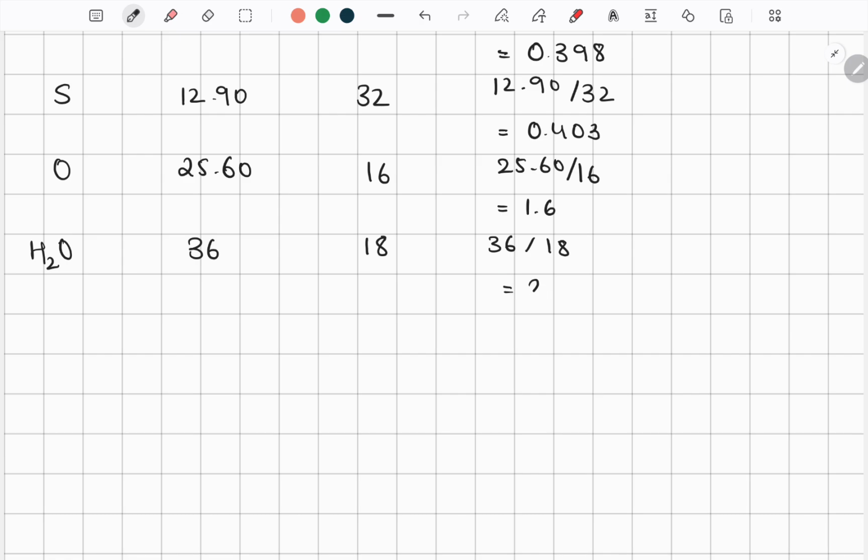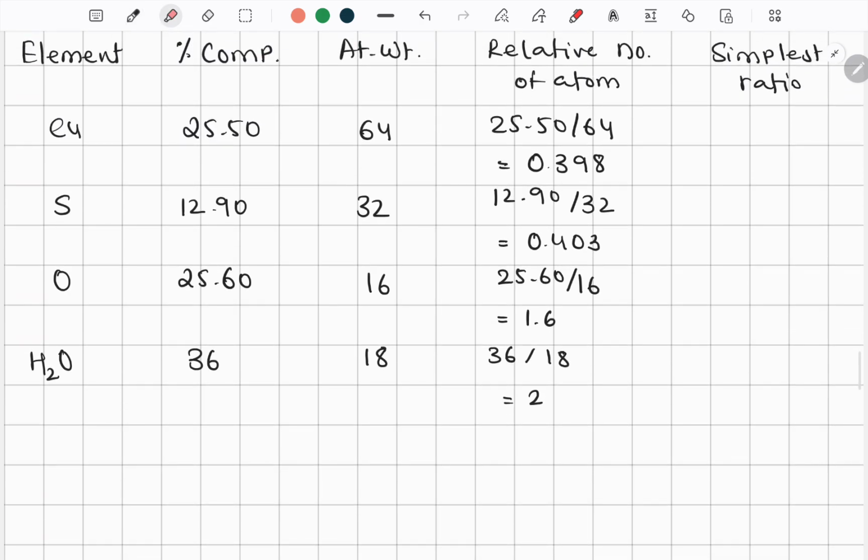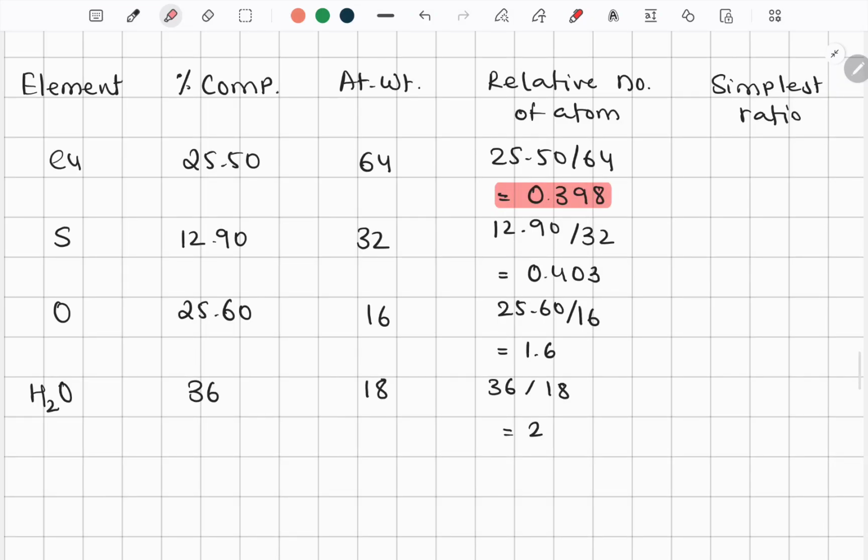Once we calculate the relative number of atoms, we have to select the smallest number available. Over here it is 0.398. That means we're going to divide all the relative numbers of atoms by 0.398 in the simplest ratio section.